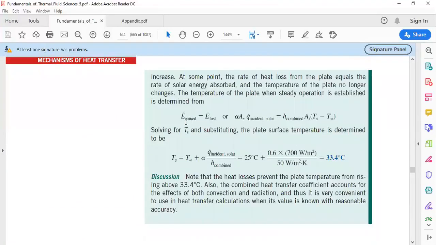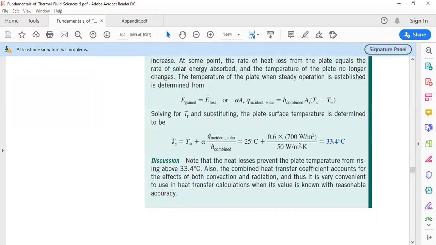That's E dot gained by the incident solar radiation equals E dot lost by the combined radiation and convection, according to this equation here. We can see that we don't need the surface area, it will cancel from both sides. We rearrange the equation and solve for the surface temperature. We'll find it equals 33.4 Celsius degrees.